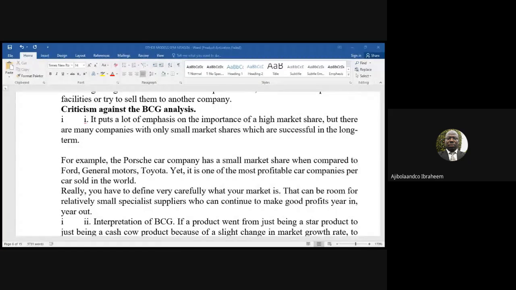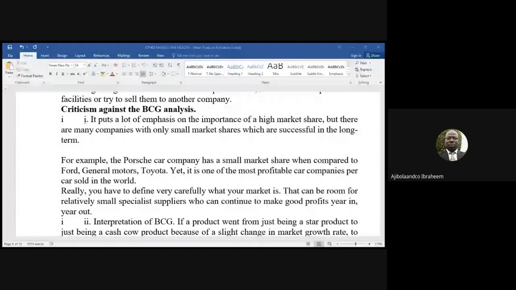In summary, any company that wants to be sustainable should have this set of products in their portfolio. A cash cow to finance problem child. A problem child that is going to grow to be a star. A star that communicates the company product to the world, and a cash cow that finances.